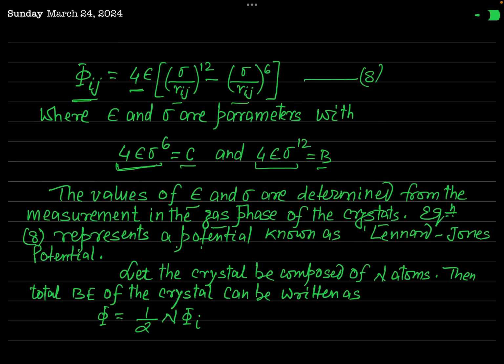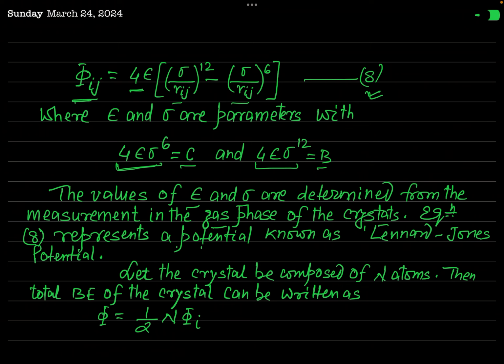Actually this equation 8, in which phi ij has been defined in terms of the parameters epsilon and sigma, is also known as Lennard-Jones potential.